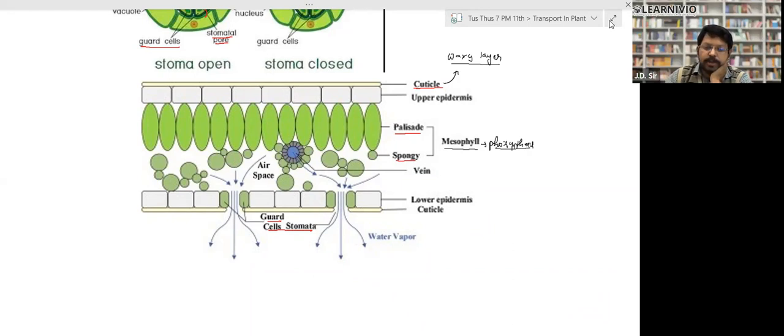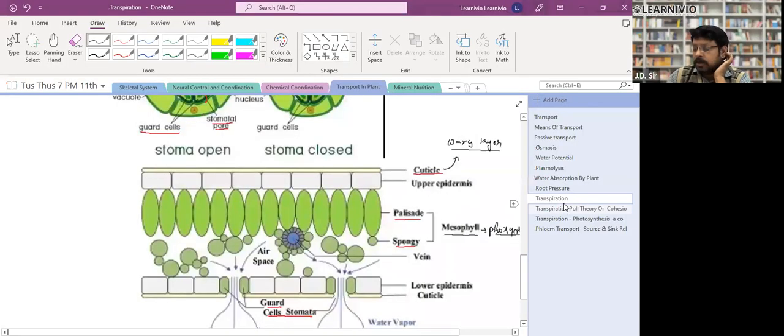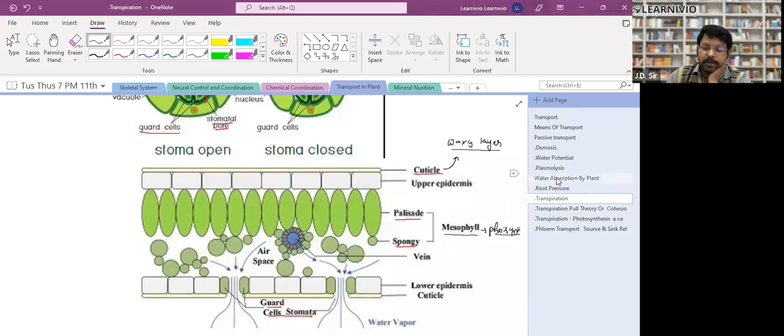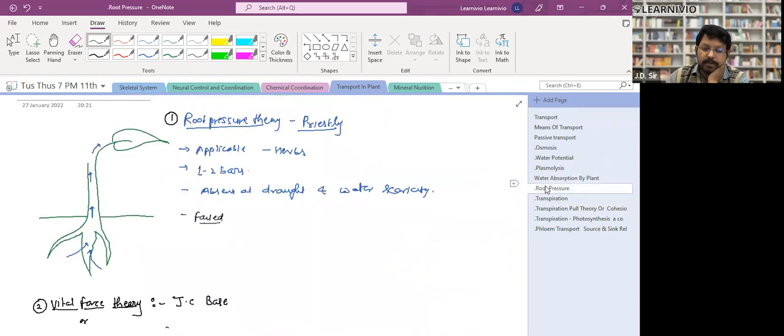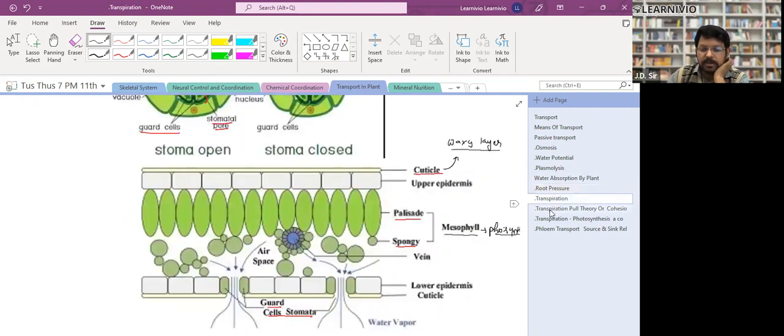So should I move on to the next topic? Now, how the transport of water takes place. We have studied there are failed theories, right? The failed theories we studied were the root pressure theory, vital force theory, and all these theories. Then we studied what transpiration is.